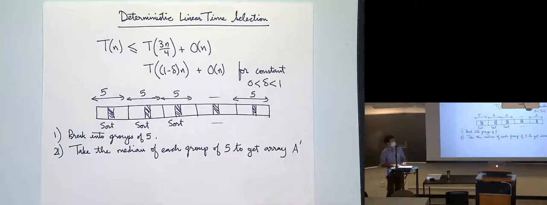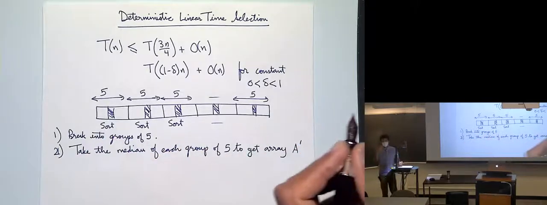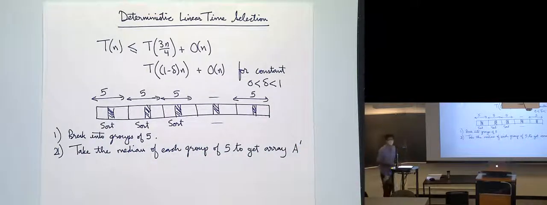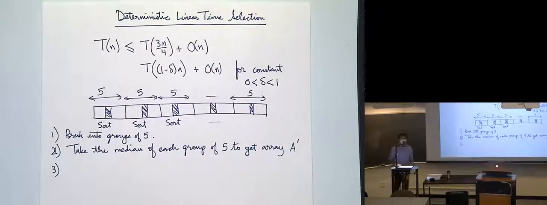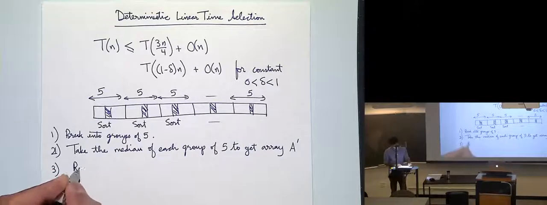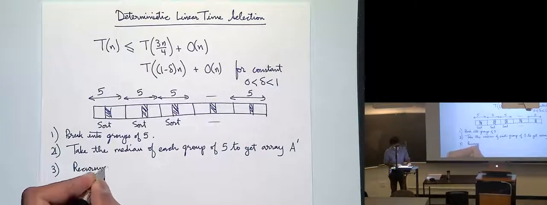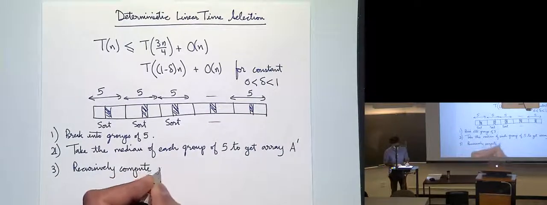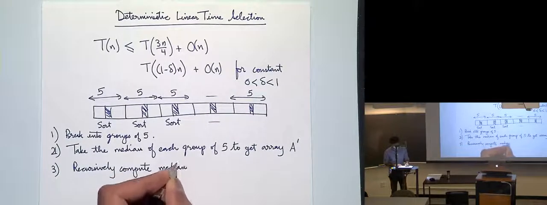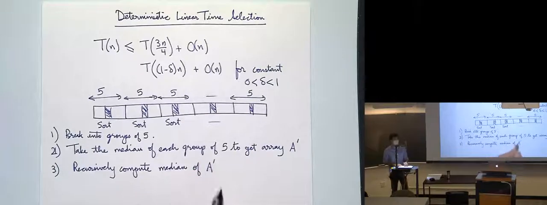I'm just going to call it A prime. So A prime is the array of medians. Now what you do is recursively compute the median of A prime.